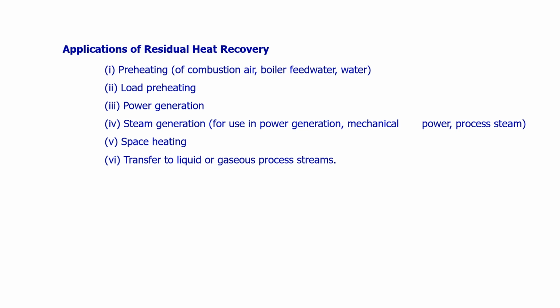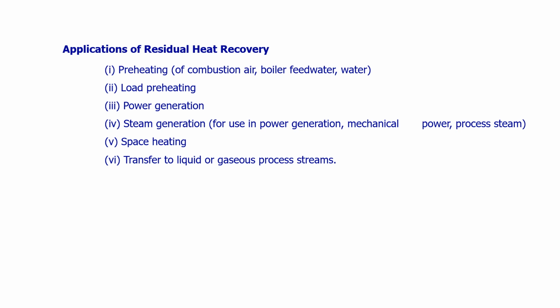At the same time we can save the environment. So there are two advantages: the main advantage is that we recover the heat and safeguard the environment or atmosphere. Another application is load preheating.